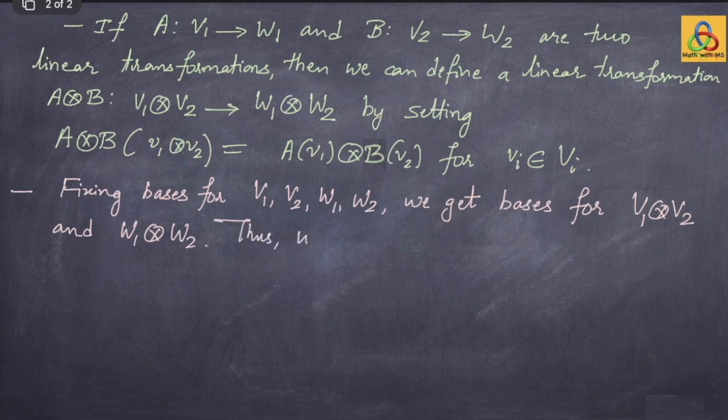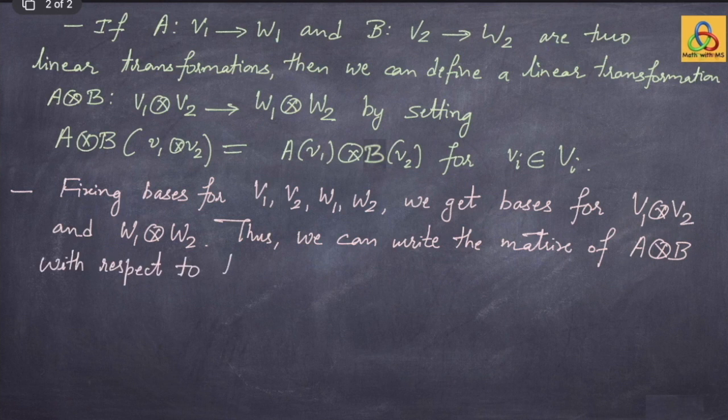Once we have bases, and A tensor B is a linear transformation from V1 tensor V2 to W1 tensor W2, we can write down the matrix for A tensor B with respect to these bases.